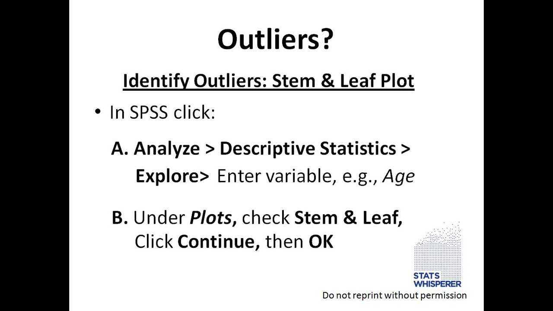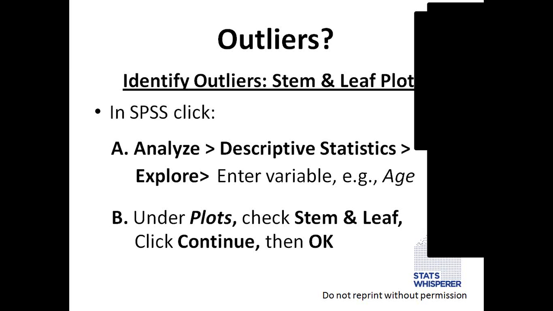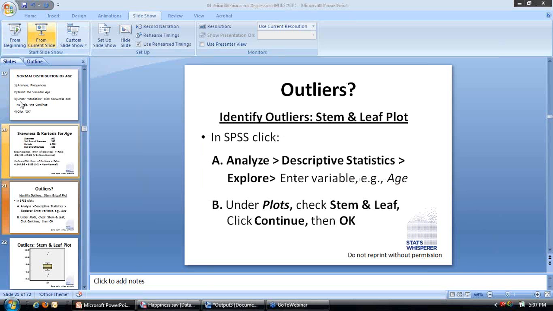So here we go for the outliers. We use the explore function, where we go to Analyze, Descriptive Statistics, Explore. We'll put in age, and under Plots, we'll check stem and leaf, and then we'll get our outliers. So let's actually do that.